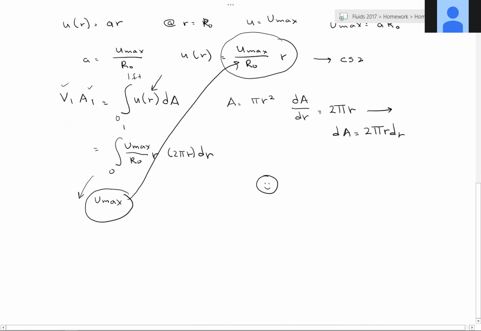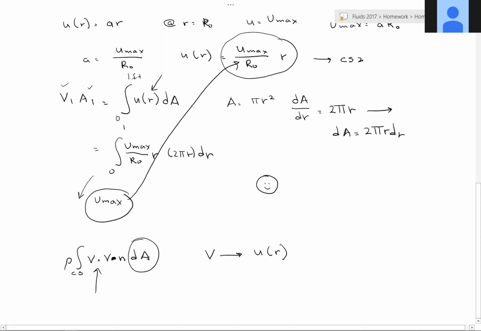So basically, remember, it's over the control surface, V times V dot N times rho, which I'm taking out, dA. So the first thing is we take that V and we replace it with that U of R. And then you can do signs, negative or positive.